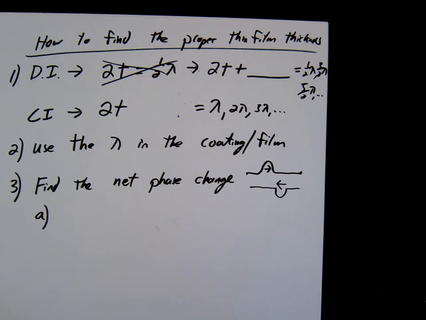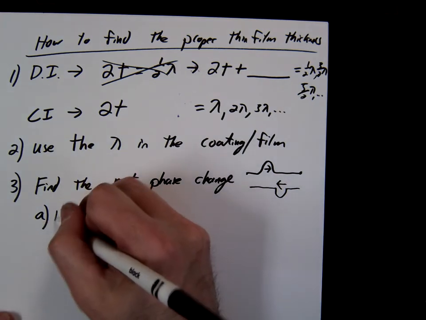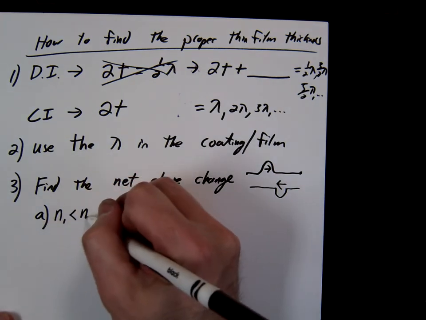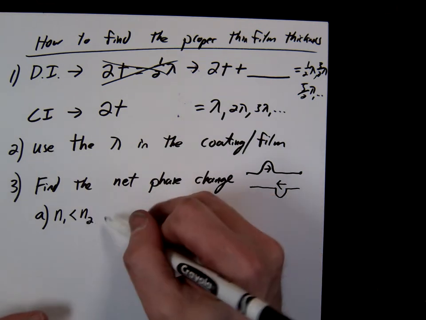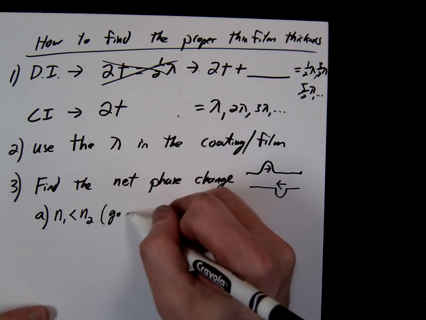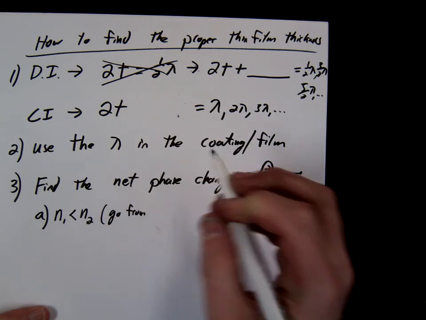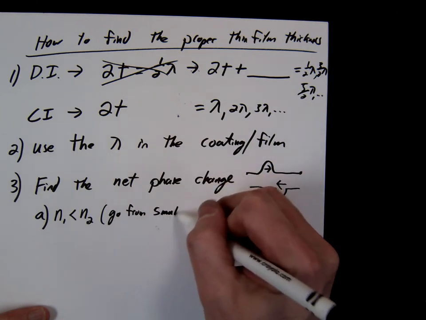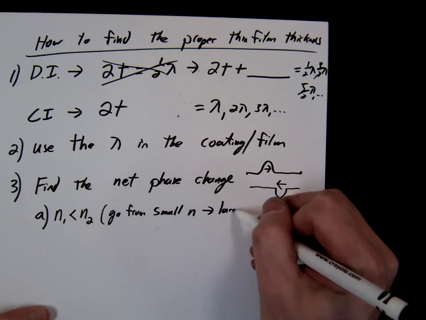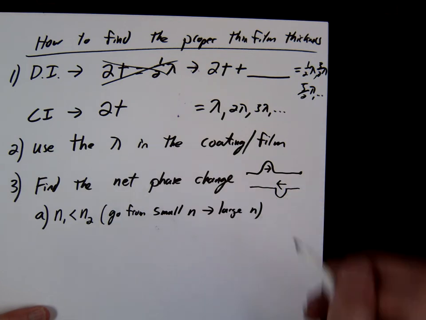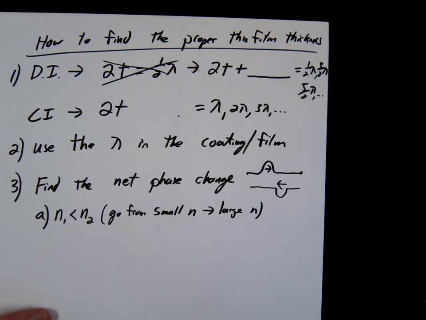Letter A, if N1 is less than N2, in other words, if you go from a small n to a large N, then there will be a phase change.